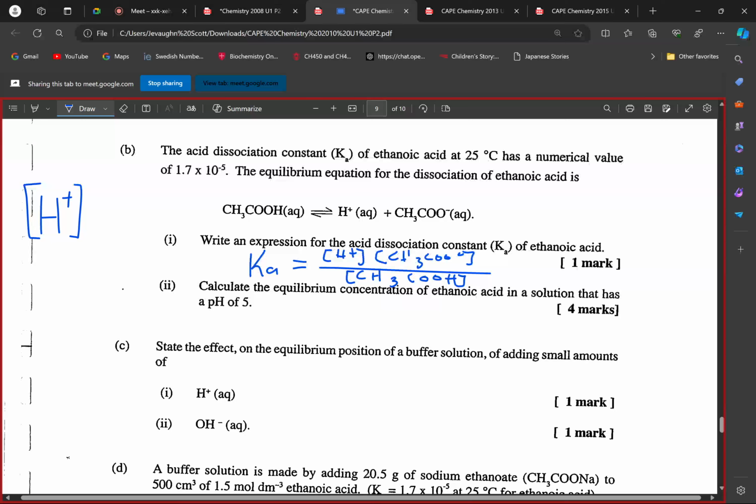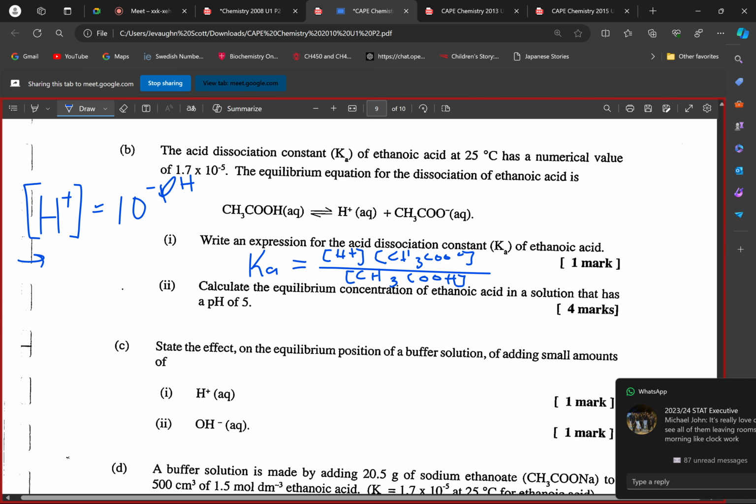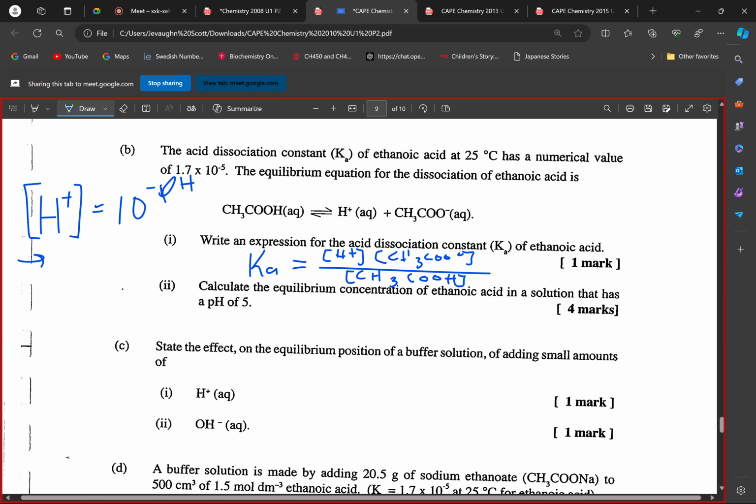Yes, sir. So the hydrogen ion concentration would be 10 to the negative pH. So after we do that, what do we get? This is the anti-log. So 10 to the power of negative what? Negative 5, right? That would be 1 times 10 to the negative 5, right?